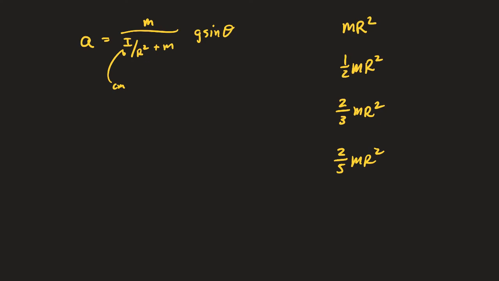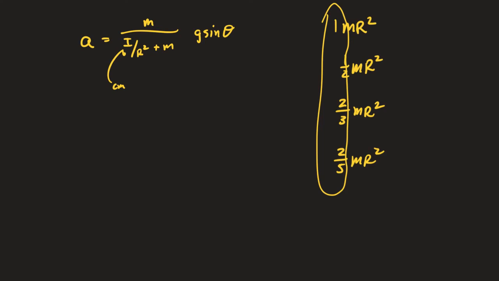Do you realize that has nothing to do with the radius of the object? The first thing that will happen is the radius will cancel out. Next, all that's really happening is this fraction is being put in the problem. So it's whether I'm adding 1m, 1/2 m, 2/3 m, or 2/5 m. That all determines the acceleration. The smaller that number, the faster it accelerates.